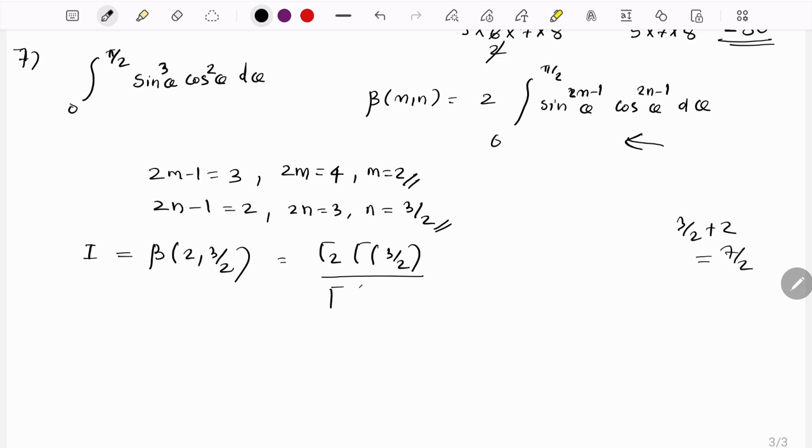Okay, so this is gamma of 7 by 2. Gamma of 2 is 2 minus 1 factorial, that is 1 factorial.